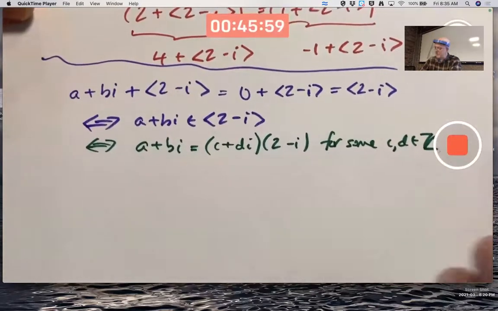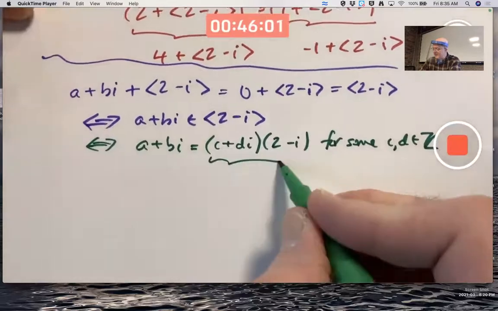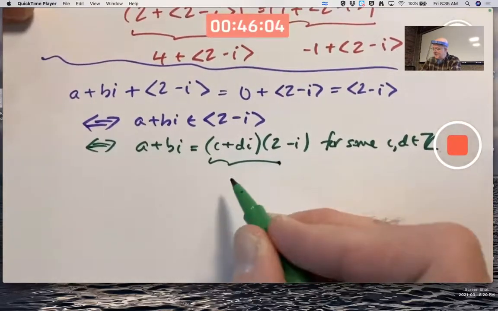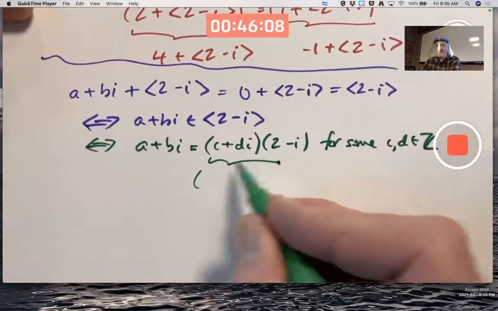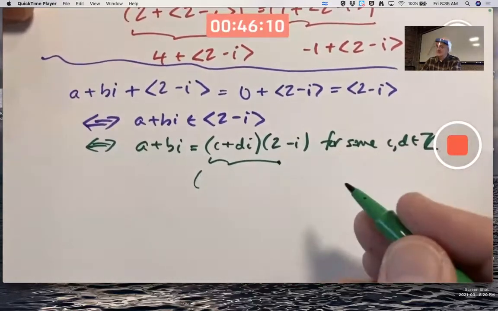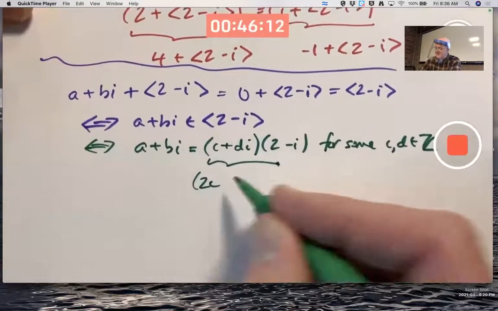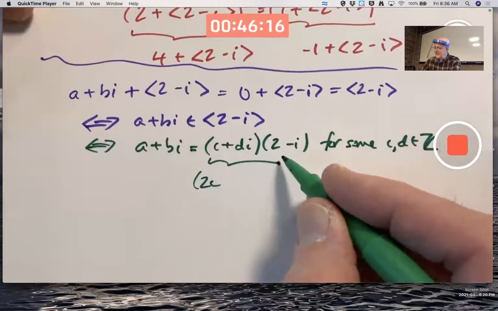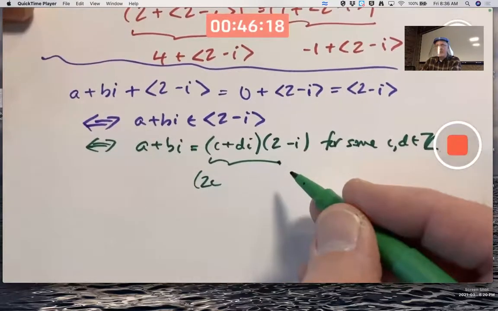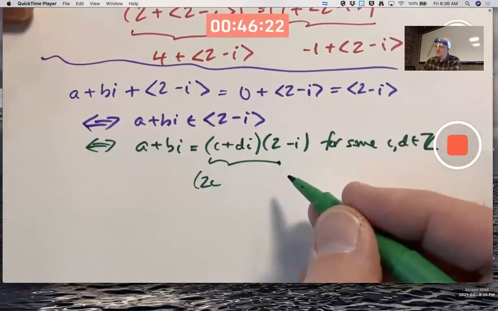Let's try to see if we can work out what this is equivalent to. Expand this out, multiply these two complex numbers. The real part is going to come from the F and the L of FOIL. First times first is 2c. Last times last is d times negative i, which is negative d i squared. But i squared is -1. Negative d times -1 is positive d.